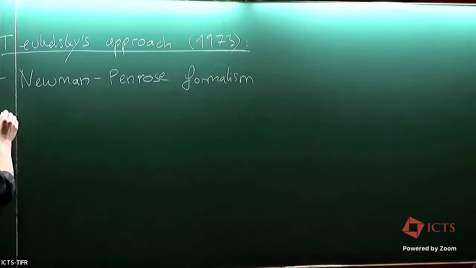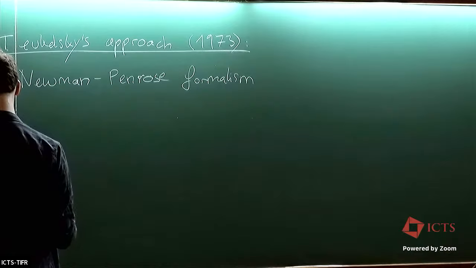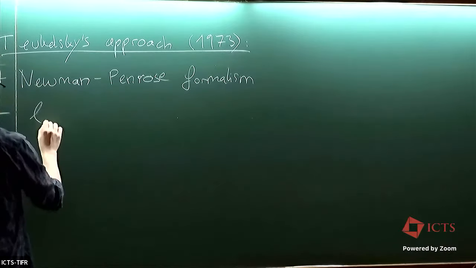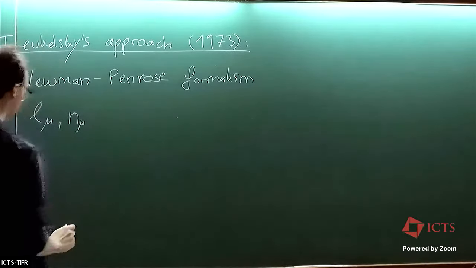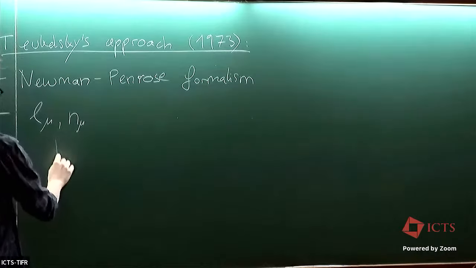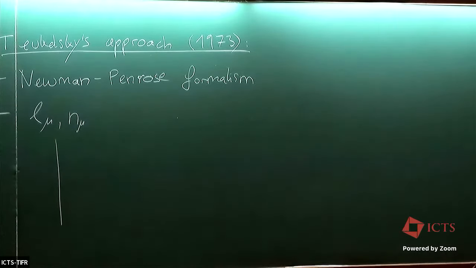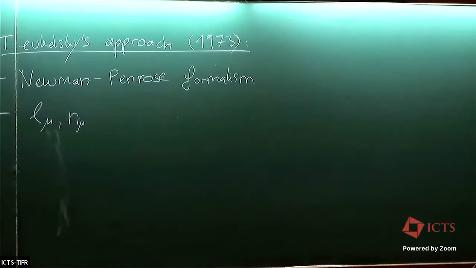And so the way to construct them is the following. We define a vector L mu and a vector N mu. The idea is that one of them is the null vector that points radially inwards, and the other is a null vector that points radially outwards.